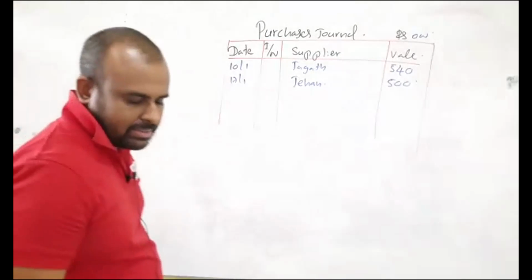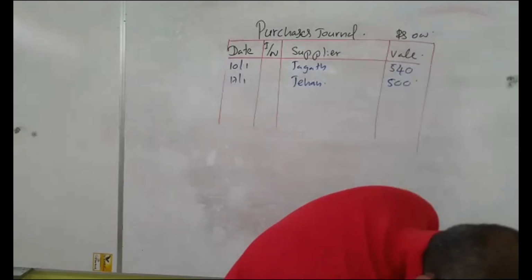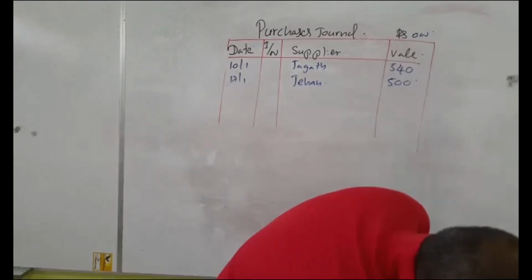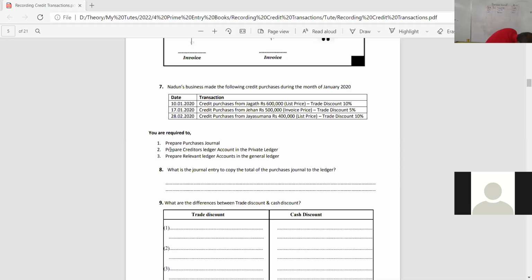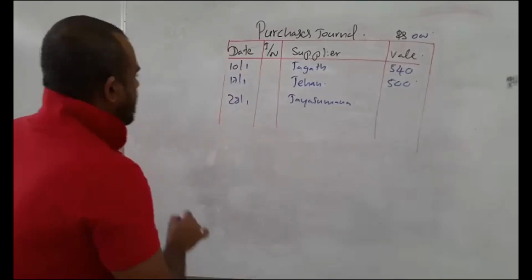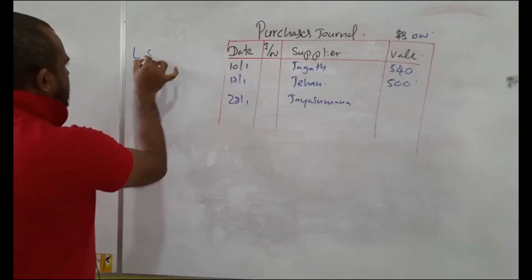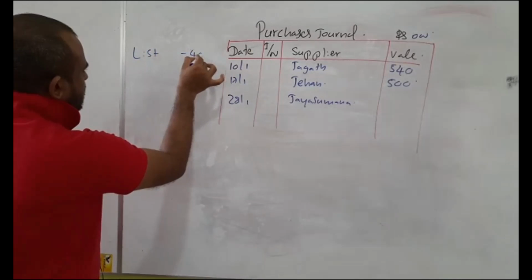If you can't understand the last transaction, the last credit purchase you did in the month, that is credit purchase 28 January from Jayasumana. They have given the list price, rupees 400,000.